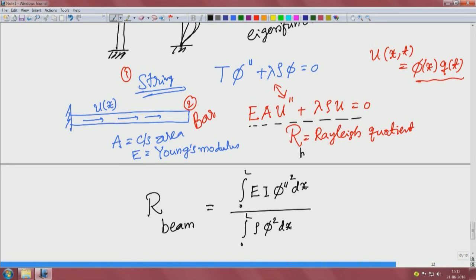I should write it for the bar, because we are discussing the bar, and it will be similar. It is a quotient: the integral 0 to L of E A phi prime square dx, instead of T you have E A, where T is tension, divided by the integral 0 to L of rho phi square dx. Okay.